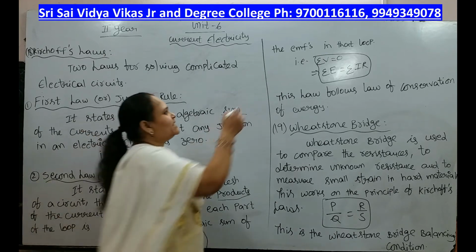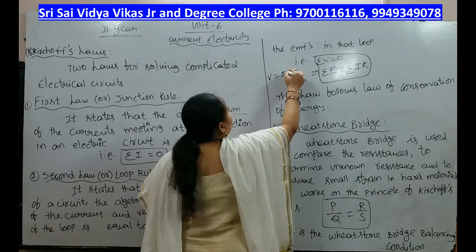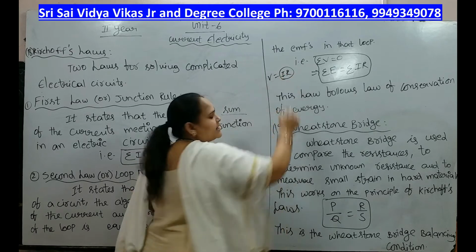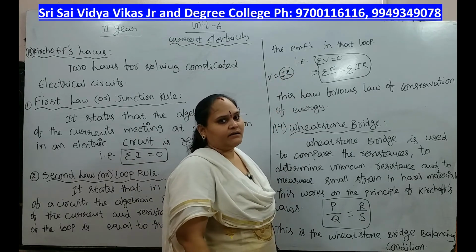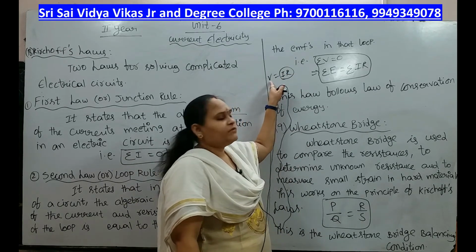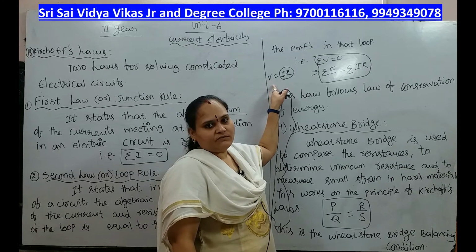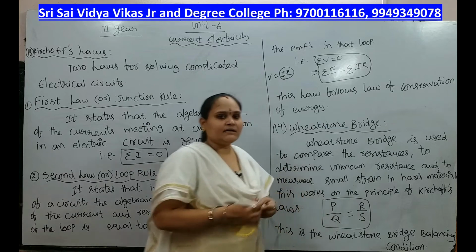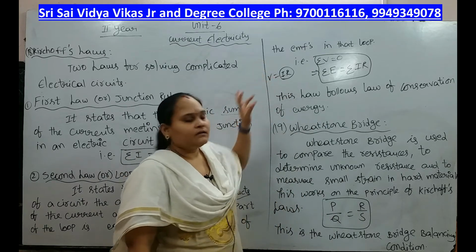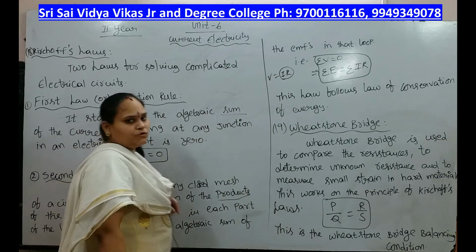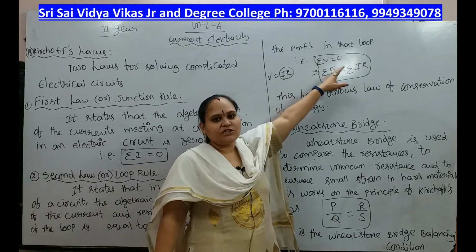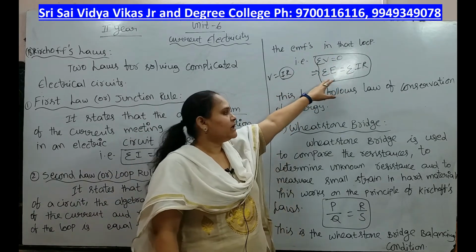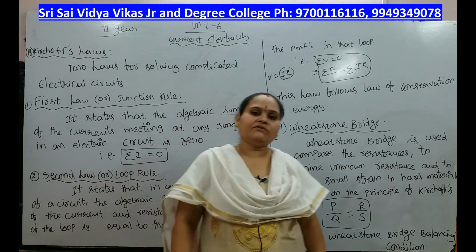Here the product of current and resistance R is equal to the EMF, that is, voltage V equals IR. That is the second law, Kirchhoff's second law or the loop rule: summation of V equals 0, or summation of V equals summation of IR.